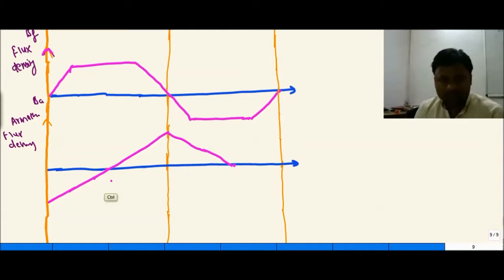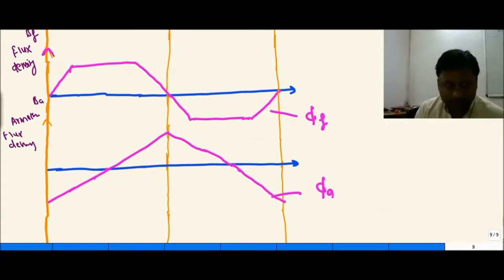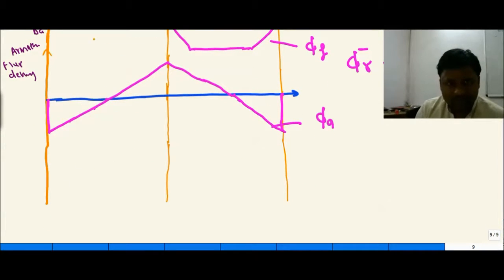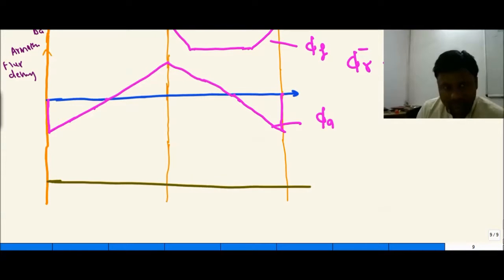This is the waveform for phi F, and this is basically for phi A. And the resultant waveform is basically phi F plus phi A. So the resultant waveform is going to become like this. This is the resultant phi R, or BR.